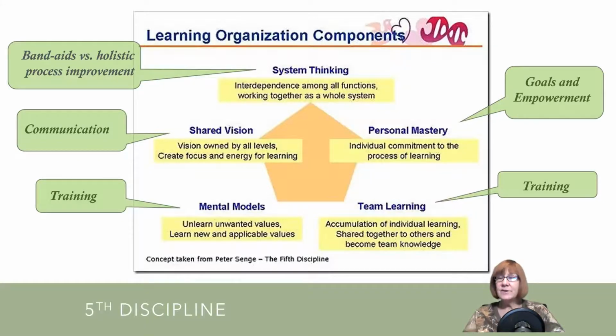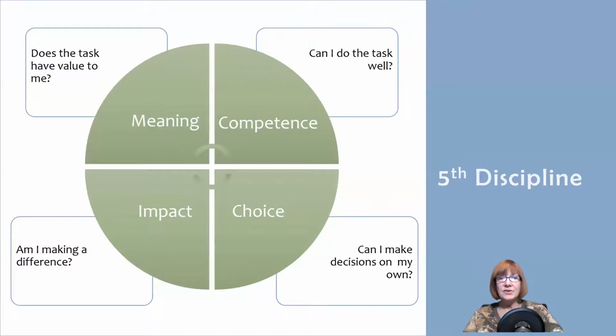There are 5 disciplines. There's the personal mastery, team learning, mental models, shared vision, and system thinking. I'm going to talk primarily about just a few of these, but you can see that if you have all of these kinds of things in place, you will have a learning organization, and being a learning organization, it will experience continuous improvement. So let's take a look at personal mastery.